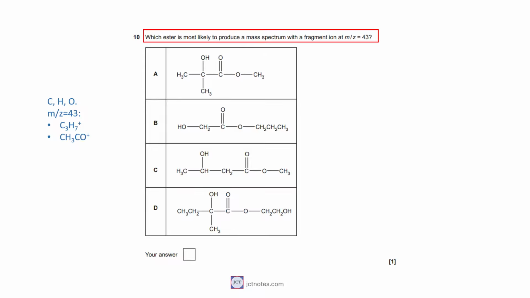Looking at the given structures, we can easily identify the propyl group in option B that gives a mass over charge equals 43. While other esters might, in theory, yield fragments of mass over charge equals 43 through more intricate rearrangements or multiple bond cleavages, the direct scission of the propyl group in ester B represents a highly probable fragmentation. This makes ester B the most likely candidate. The answer is B.